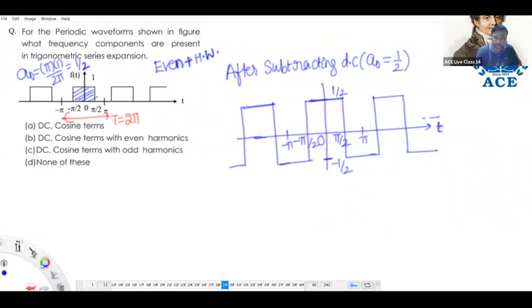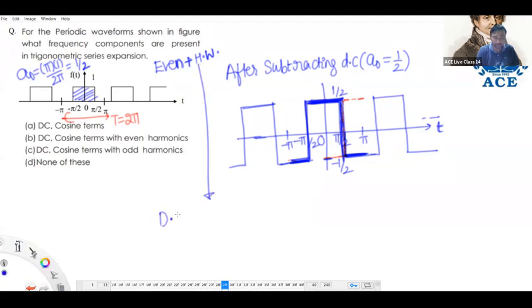I am taking the minus pi to pi segment very thick. What we do in half wave is first amplitude scaling of the past two-sided segment. Later, this red signal is left shifted by half period. Half period is pi. Left shifted by half period means 100% this segment is retained. So it is even plus half wave.